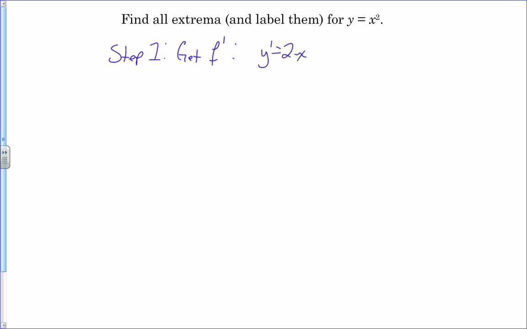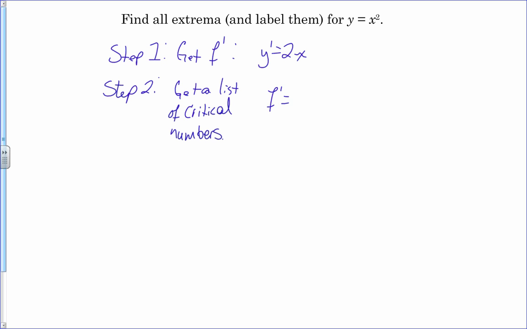Step 2, get a list of critical values, or critical numbers. Remember, you do that by taking f prime and setting it equal to 0.